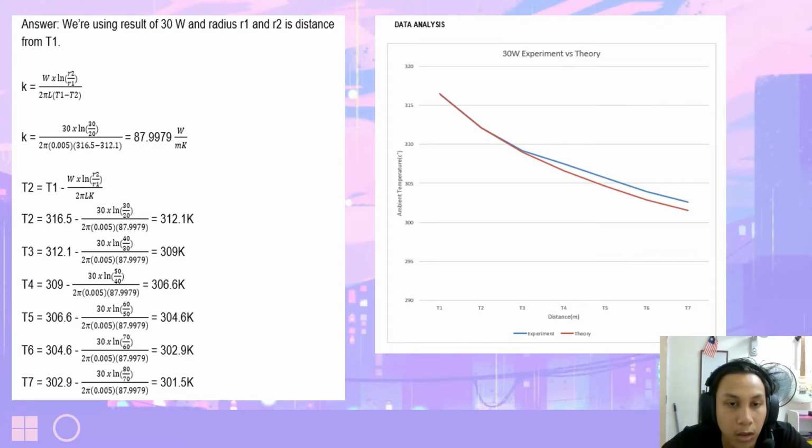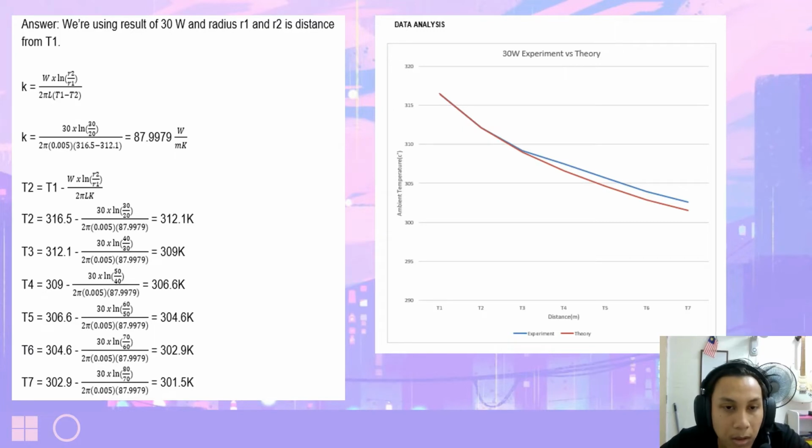First we need to find the K for our experiment, and after we get the value, which is 87.9979 watt per meter Kelvin, we can find all the temperatures: temperature 1, temperature 2, temperature 3, 4, 5, 6 and 7.